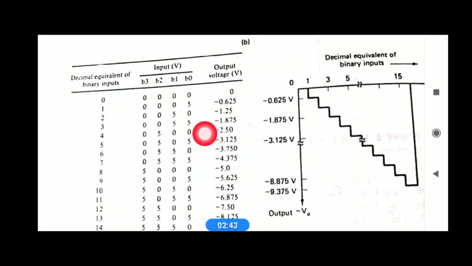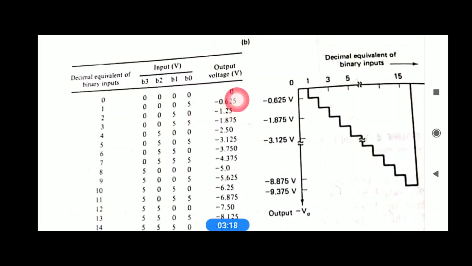For example, if you go through line number 4 here, when you apply both B0 and B1 high and keep B2 and B3 at 0, at that time you have to sum the individual outputs: the output you get from B0, which is minus 0.625, and the output from B1, which is minus 1.25.